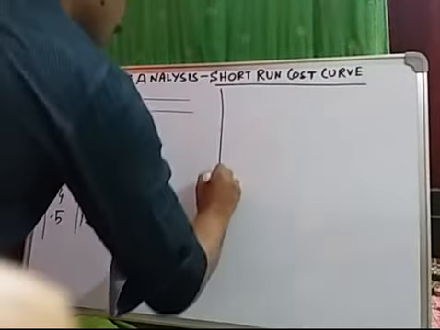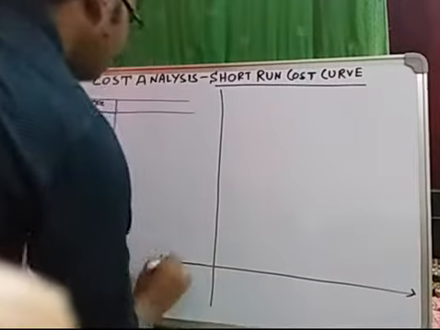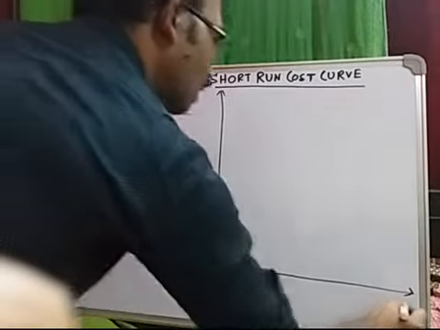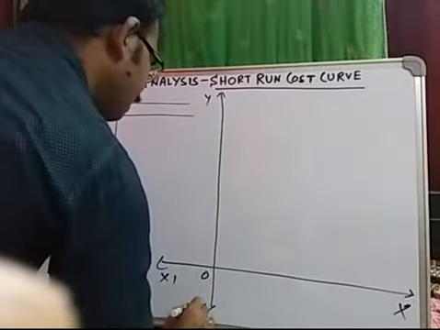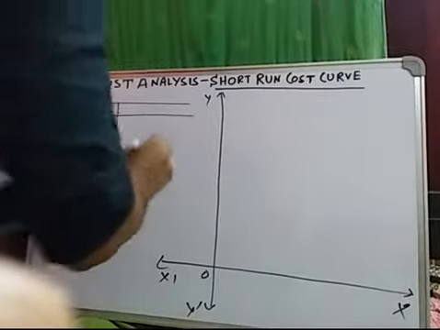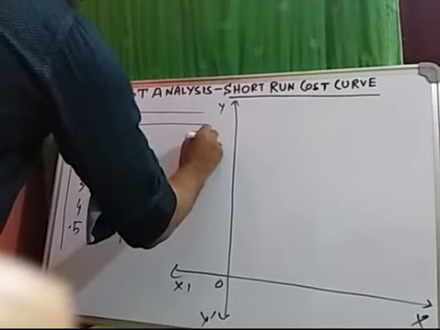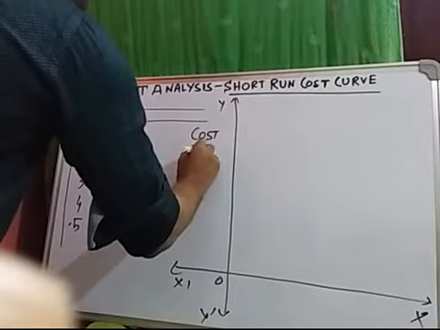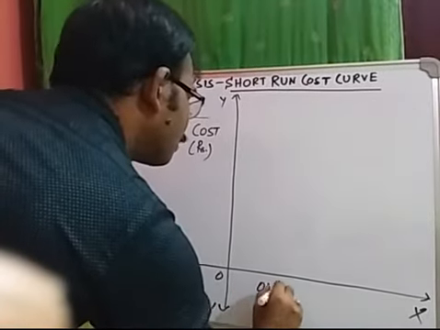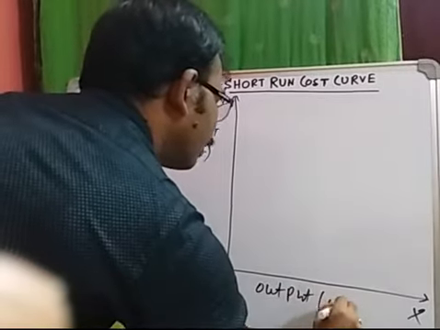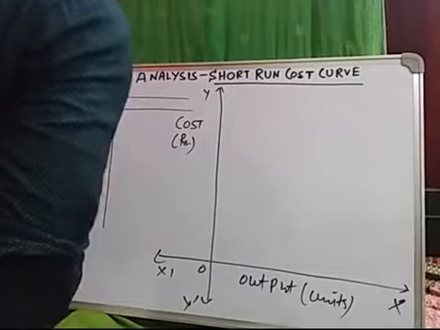how you can draw the curve. Here XOX' and YOY' are the two axes. This is the vertical axis, which denotes the cost in rupees, and XOX' is output in units.